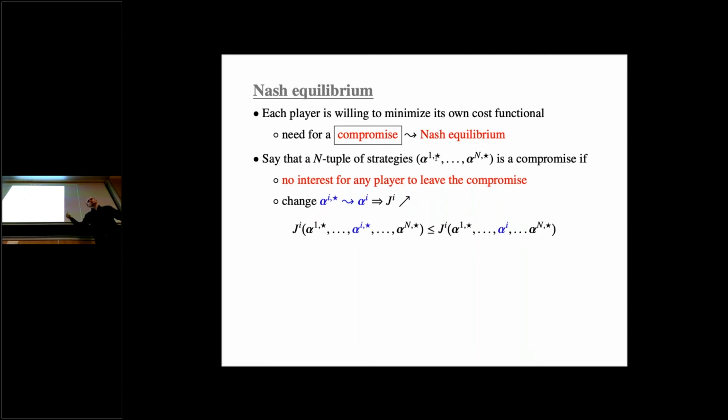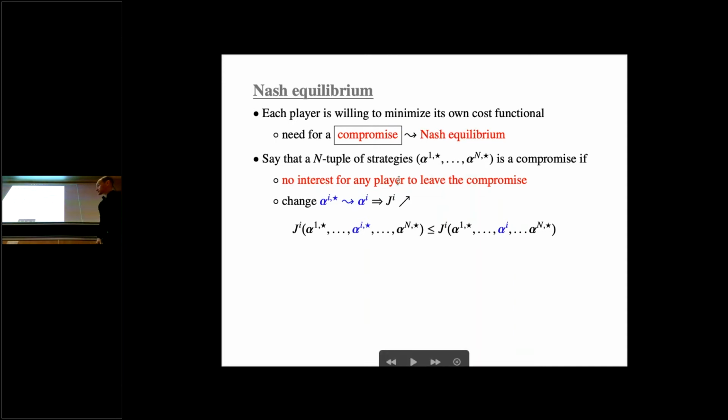If I leave the equilibrium, I'm going to pay more. This is what it means. There is no need for me to leave the equilibrium, because if I leave, assuming that the others do not leave and keep playing the same, then I'm going to increase my cost. So this is what I'm going to call a compromise.